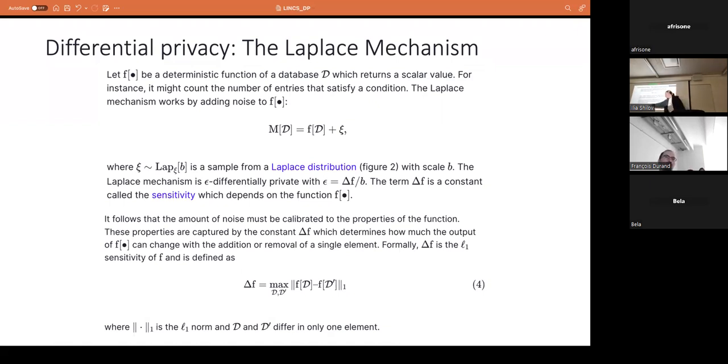Then this quantity will be 100, the Laplace noise will have scale B, and the epsilon guarantee will be 100 divided by B. If B is small, then epsilon will be large, and you won't have a lot of privacy. If B is large, then epsilon will be smaller. So the closer two databases are, the simpler it is, and the smaller the noise you should add. If we have this problem, it's solved by this, and then you have a guarantee.